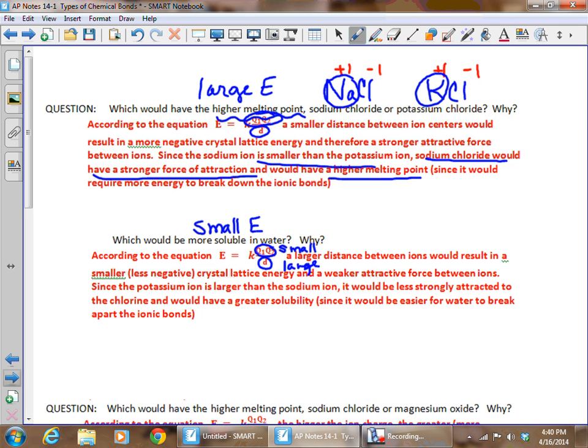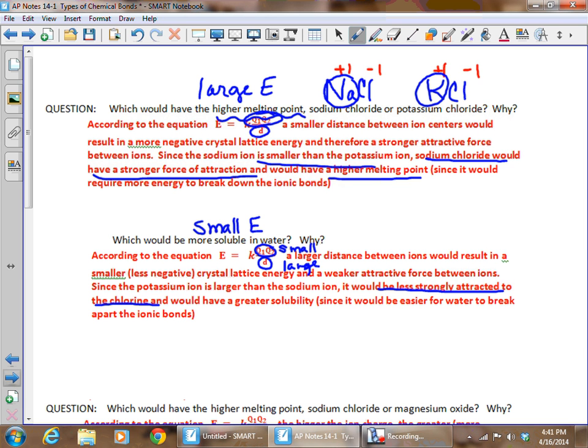This time we're looking at the larger distance between ion centers, which is going to be our larger ion, potassium. So since potassium is larger than sodium, potassium is going to be held less strongly, as it says here, less strongly attracted to the chlorine, and therefore would have a greater solubility because it's easier for water to break apart those ionic bonds.